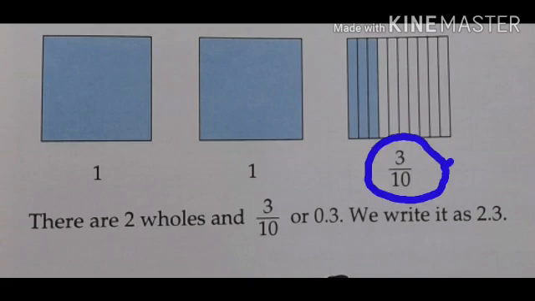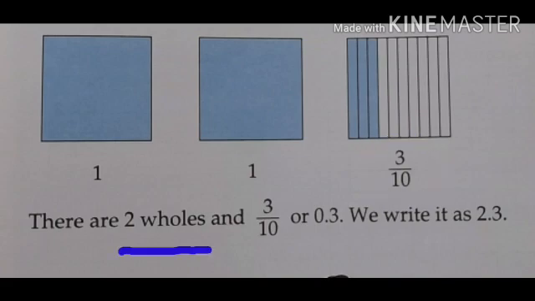So, we can read it as 3 by 10. It means there are 2 wholes and 3 by 10.